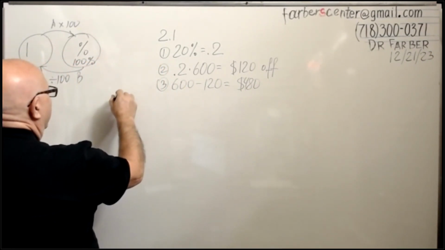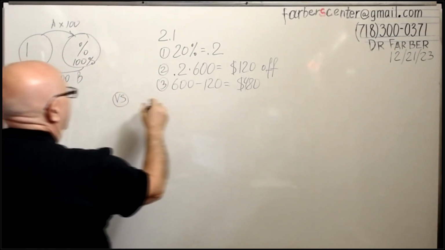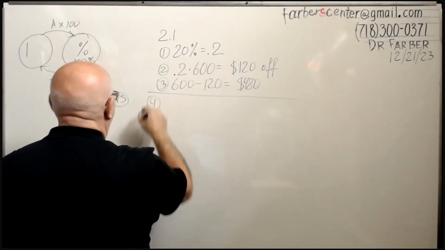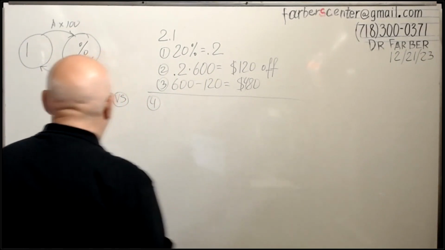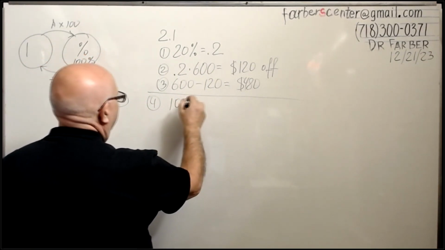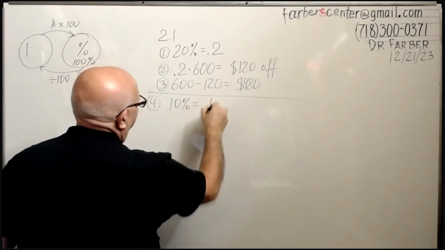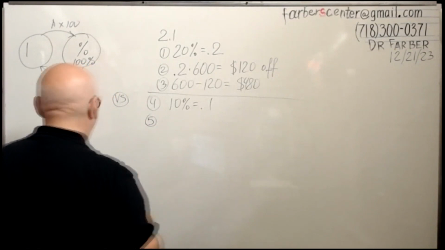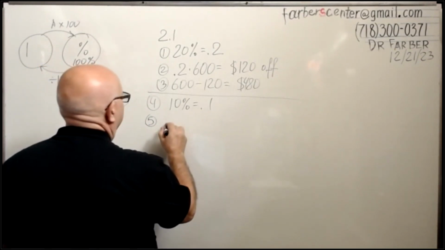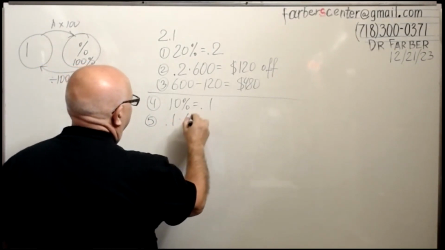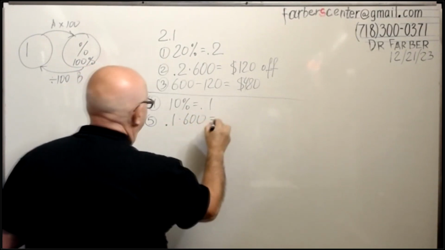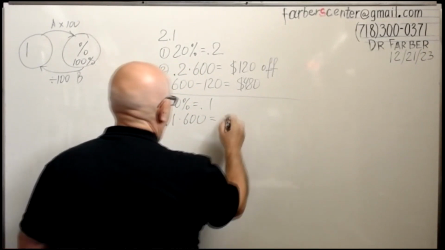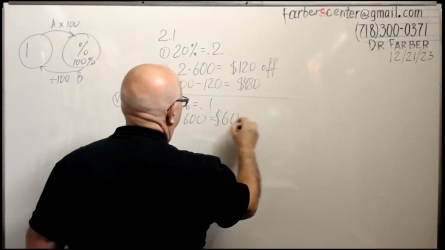Now versus the second scenario. In the second scenario, they had 10%. I do the same step, which is 0.1. Step number 5: 10% of 600, 0.1 of 600, would be $60 off.